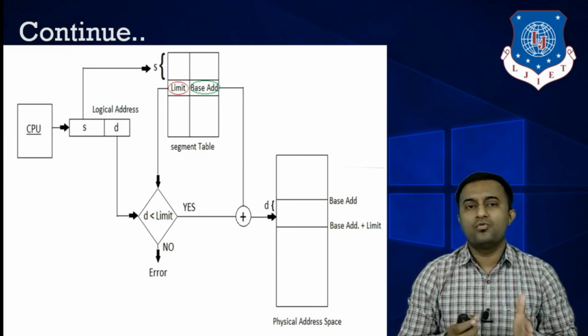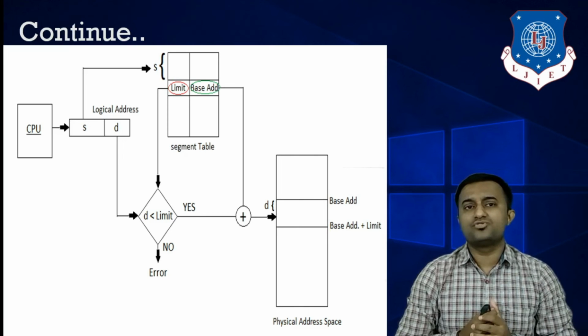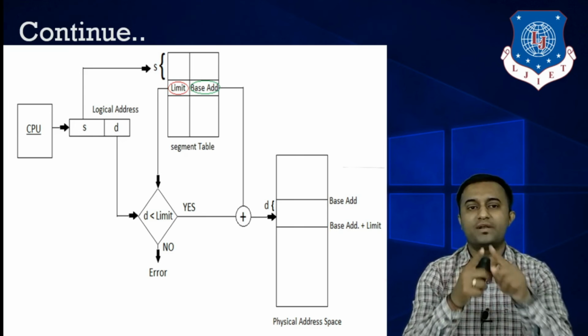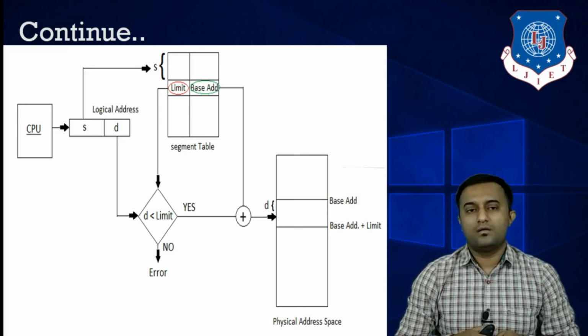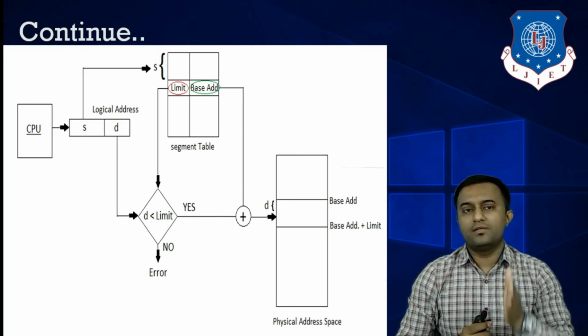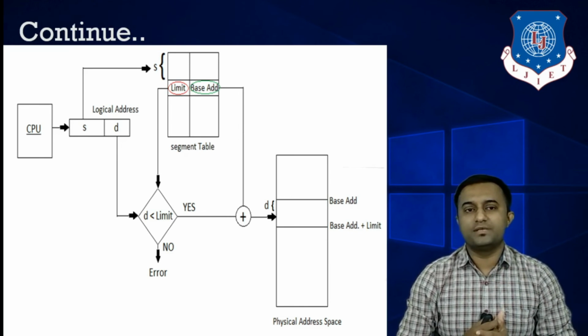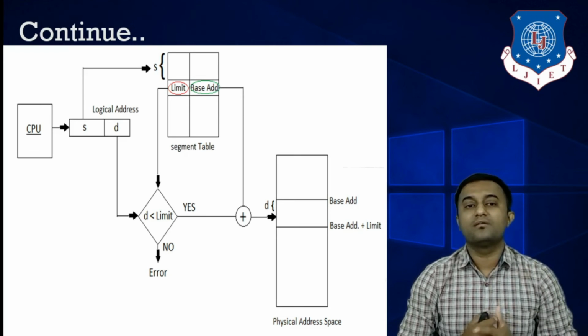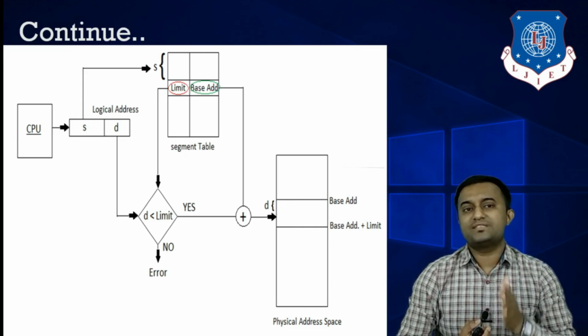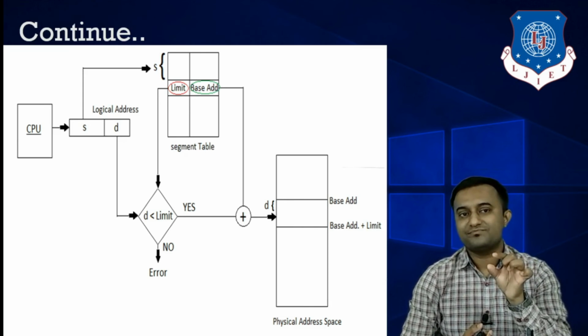Now the next thing we need to check: at the bottom we have one decision-making symbol. What does it mean? The value of D will be forwarded here, and the condition will be checked: whether D is less than limit.